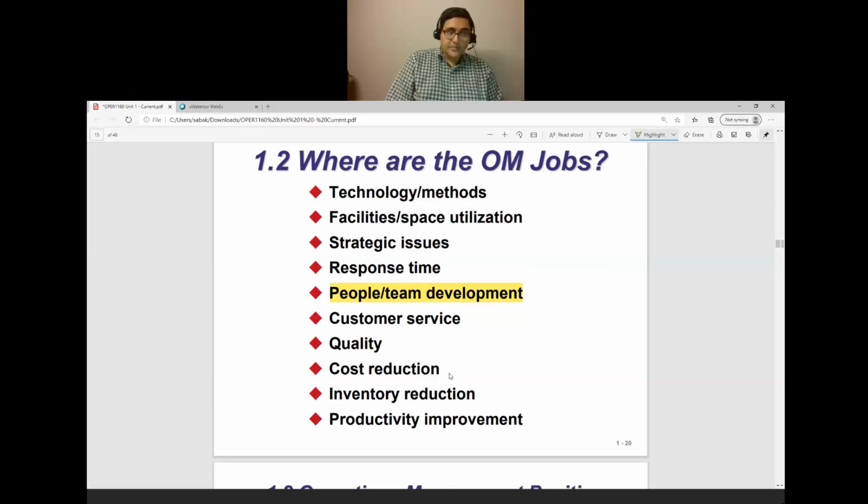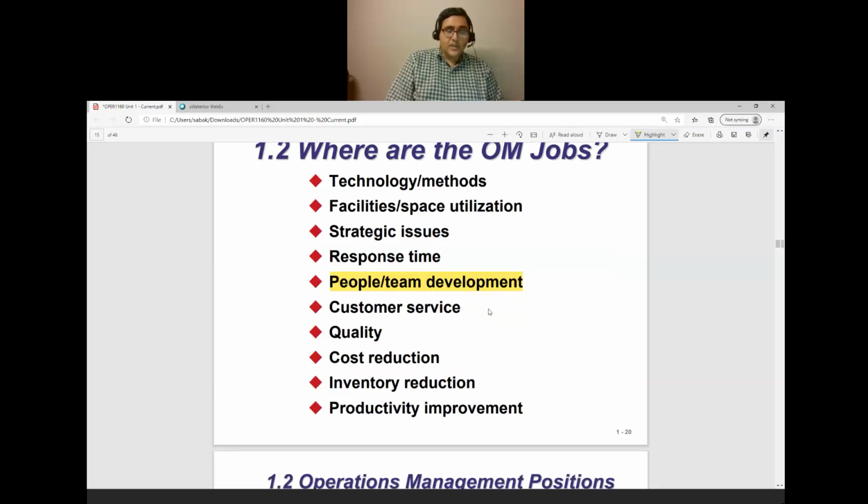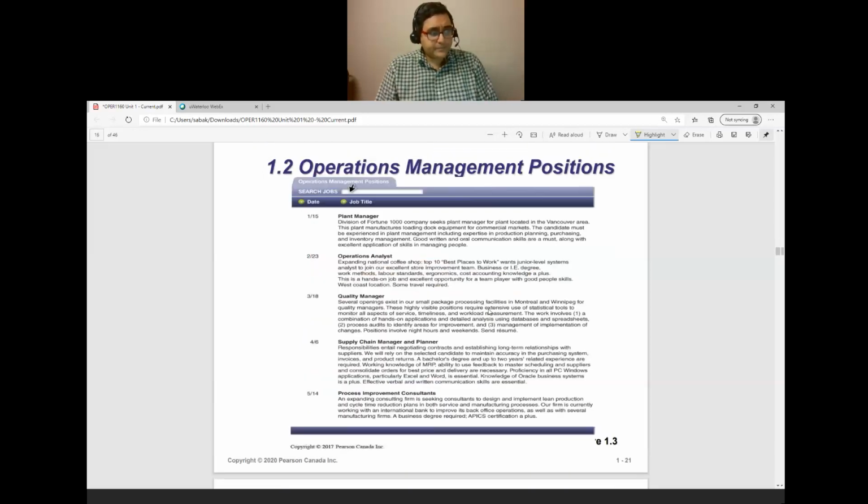This is what I was saying about HR also coming under operations. It can be in customer service, in quality, the focus can be on cost reduction, or on productivity improvement, and so on. So there could be multiple places in which operations managers or operations management jobs could be found.